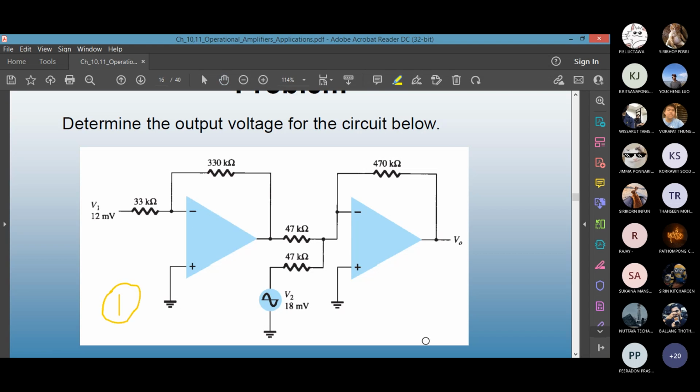What is the name or type of the stage 1 op amp? What do you call it? Inverting. Inverting op amp. Fine. Look at stage 2. This is a 2-stage amplifying happening. What can we name the stage 2 op amp?